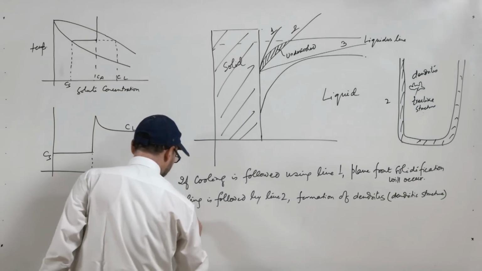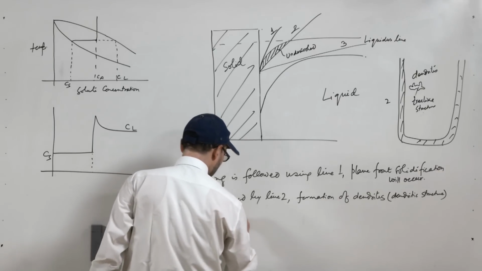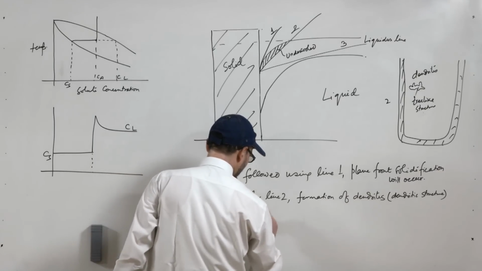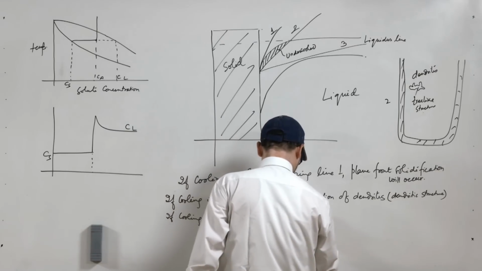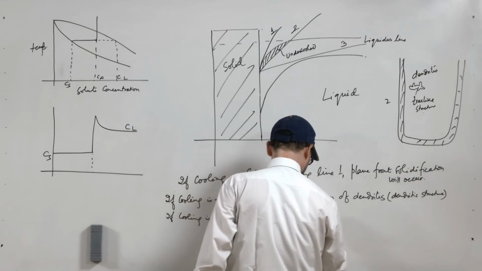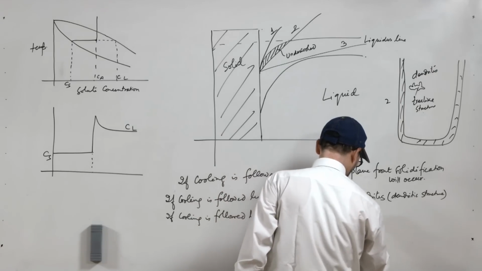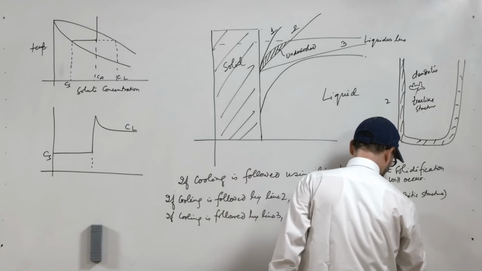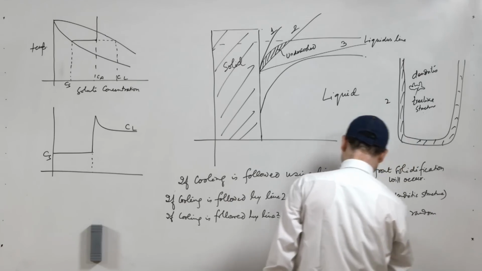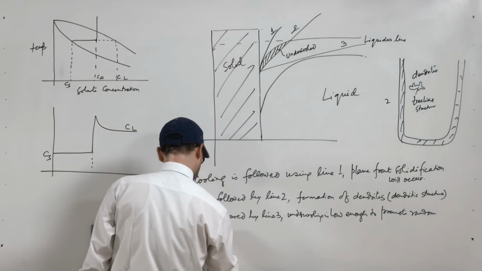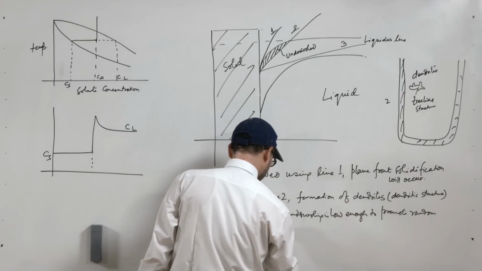If cooling is followed by line 3, undercooling is low enough to promote random nucleation and equiaxed grains.